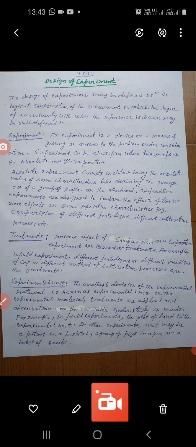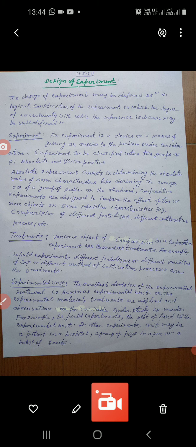For example, in field experiment, different fertilizers or different varieties of crop or different methods of cultivation process are known as treatments.